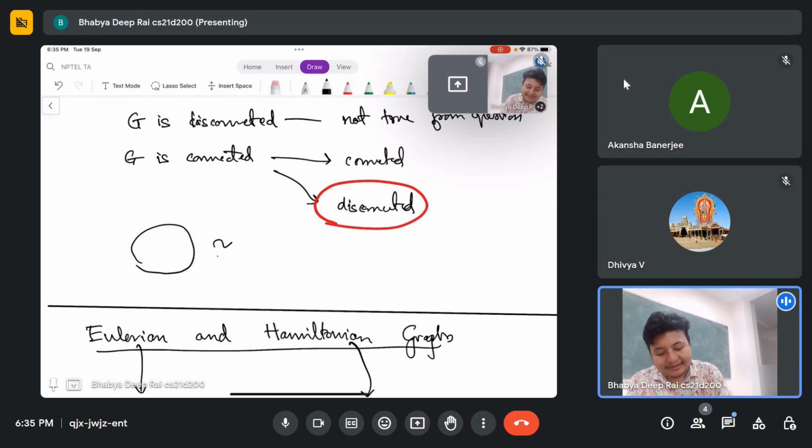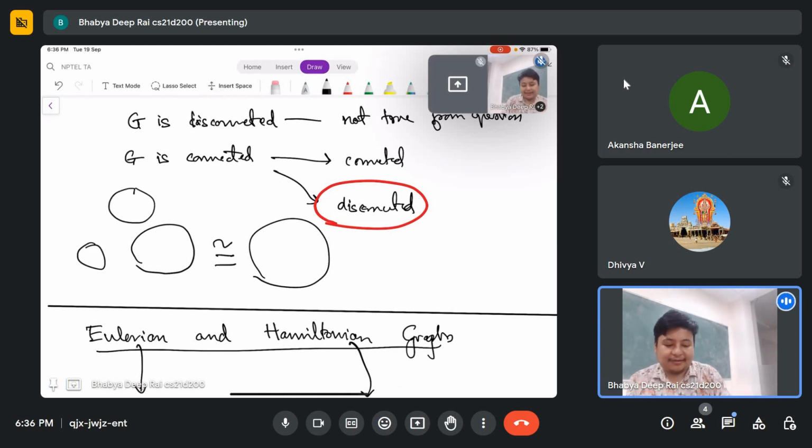We are saying that this graph, which has 3 components and is disconnected, is G bar, isomorphic to G. How can we say that? Because we can always find 2 vertices which are not connected here, but here obviously every vertex is connected. So this is absurd, and this is a contradiction.